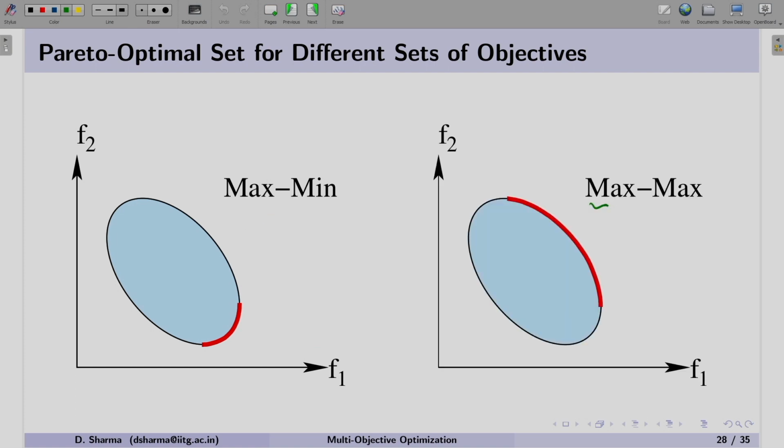And at last, if we want to maximize F1 and maximize F2, we can see the Pareto front has moved to this particular area of the feasible search space. Since the feasible search space is defined by the constraints or the variable bounds, the Pareto optimal front lies on the boundary.